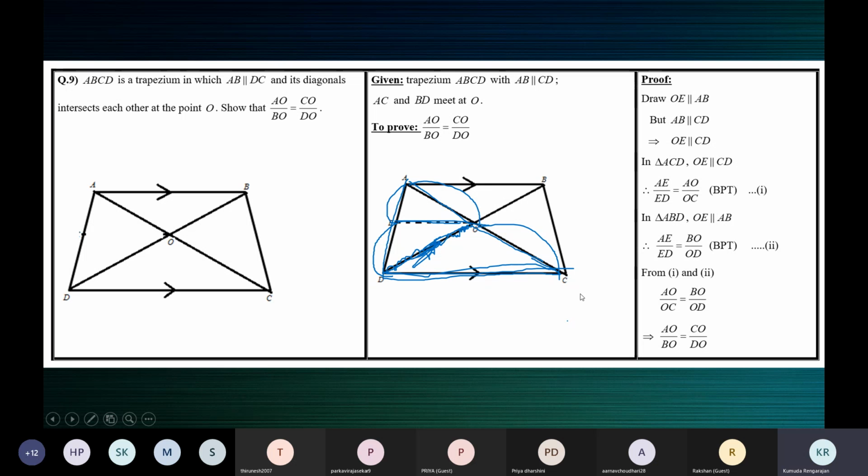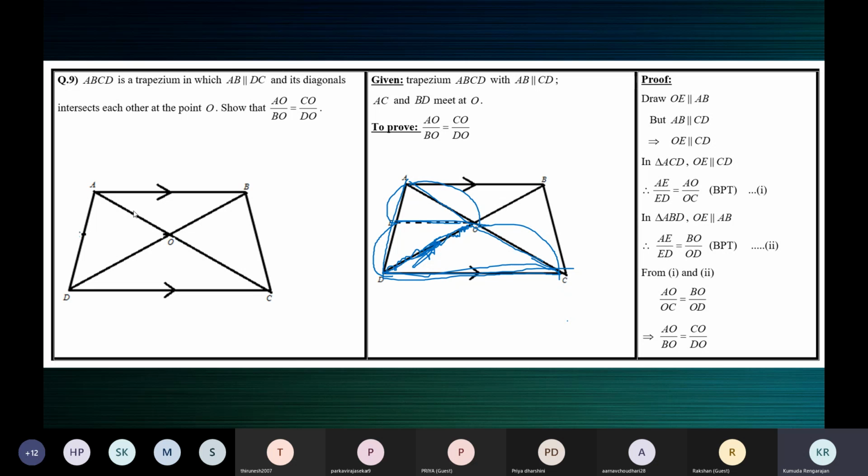So this is the proof for the diagonals of a trapezium dividing each other proportionally. You have problems based on this. You remember the result like this easily, children: AO by OC is equal to BO by OD.